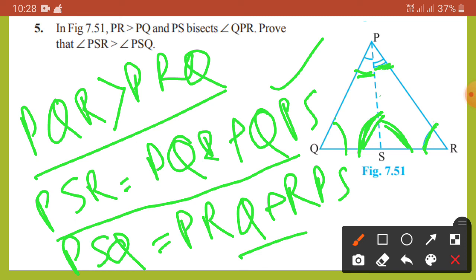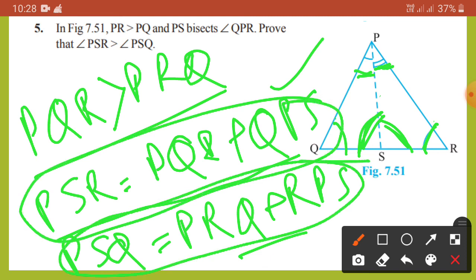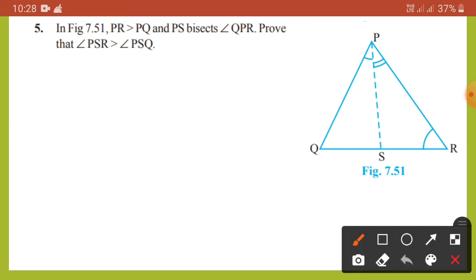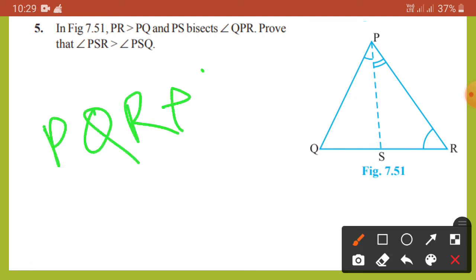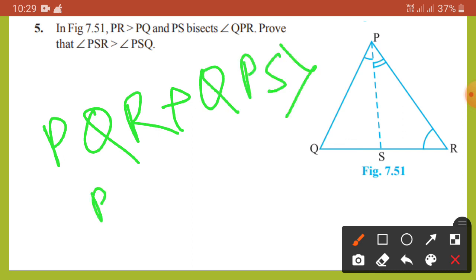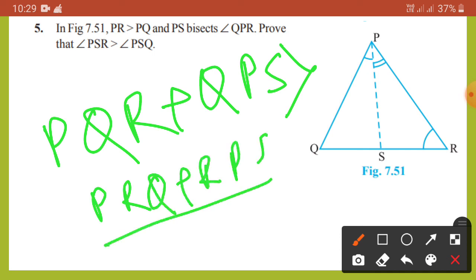So if we add these two equations, PSR equals PQR plus QPS and PSQ equals PRQ plus RPS, then we have PQR plus QPS greater than PRQ plus RPS.